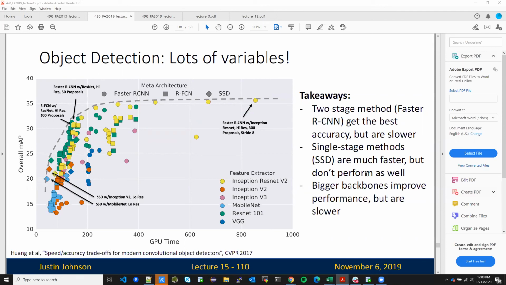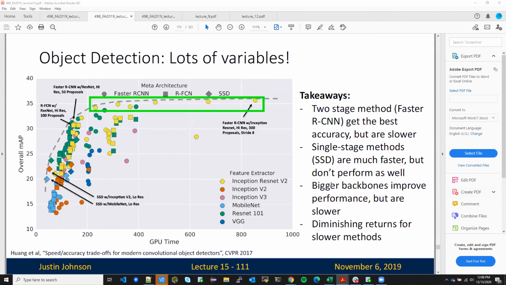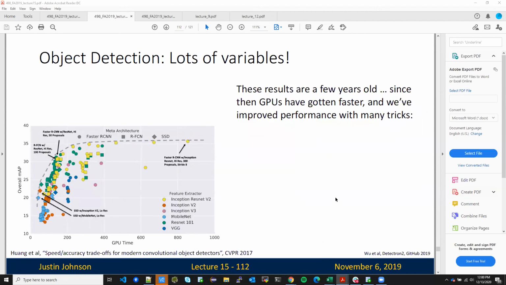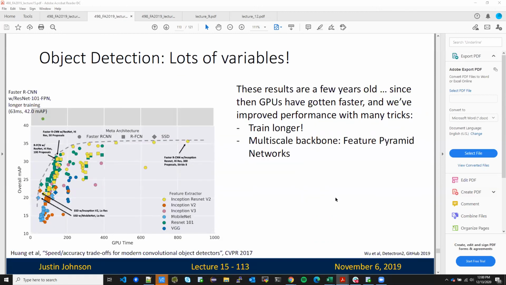I think bigger backbones improve the performance. And then since then, there have been some tricks, such as this idea of feature pyramid networks.